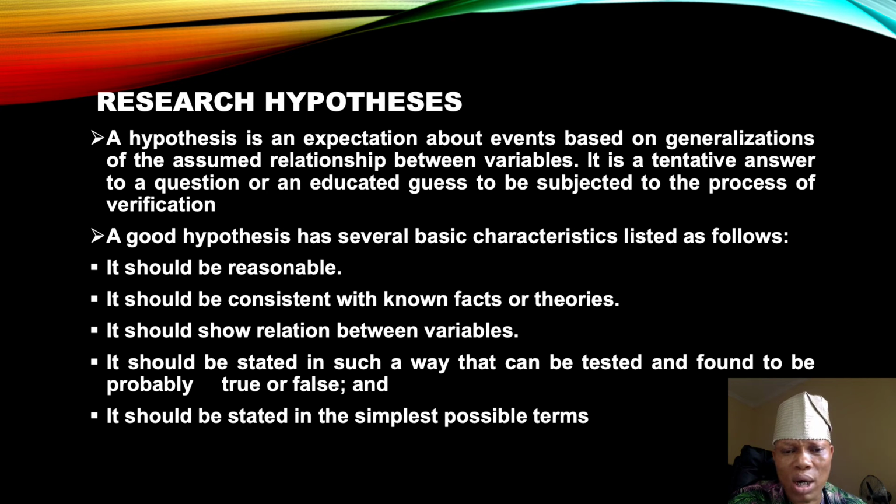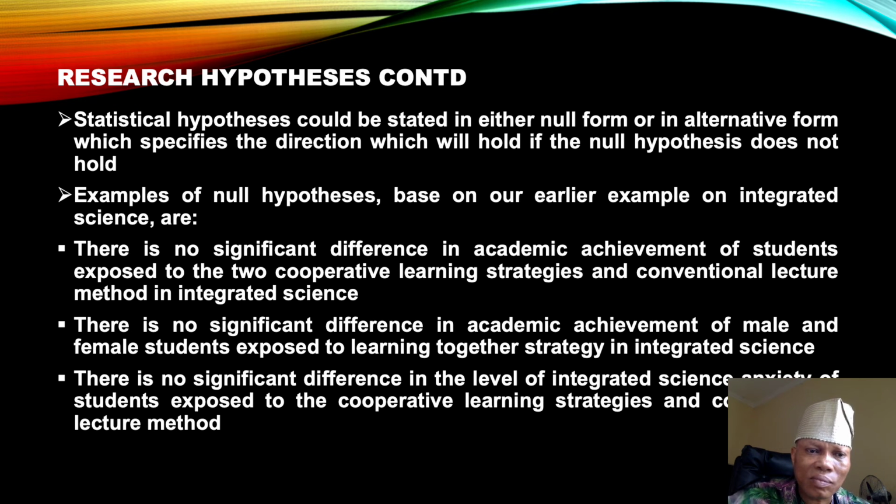Now, if you want to draft your research hypothesis here, you can use a null hypothesis. Okay, let's go to the next slide to get the gist better. A statistical hypothesis could be stated in either null form or in alternative form, which specifies the direction which will hold if the null hypothesis does not hold.